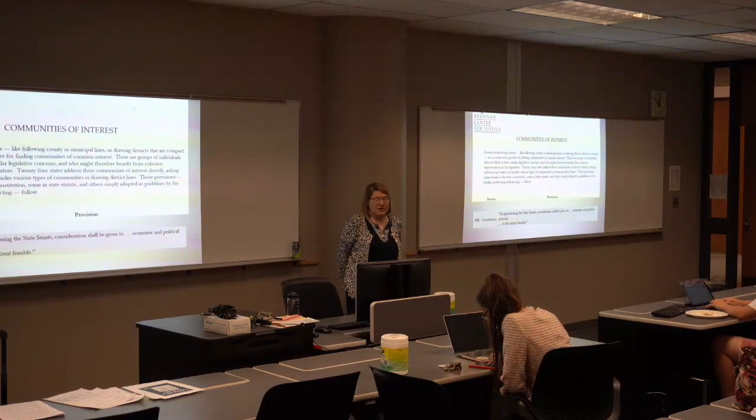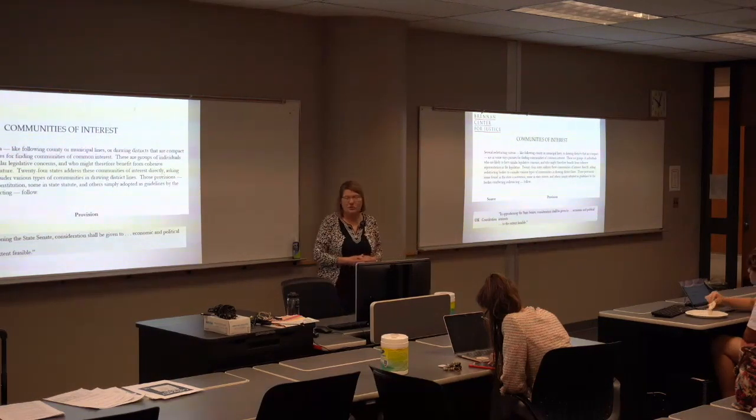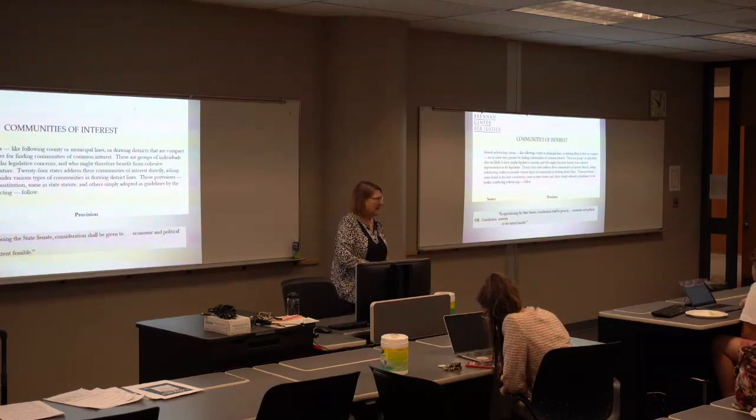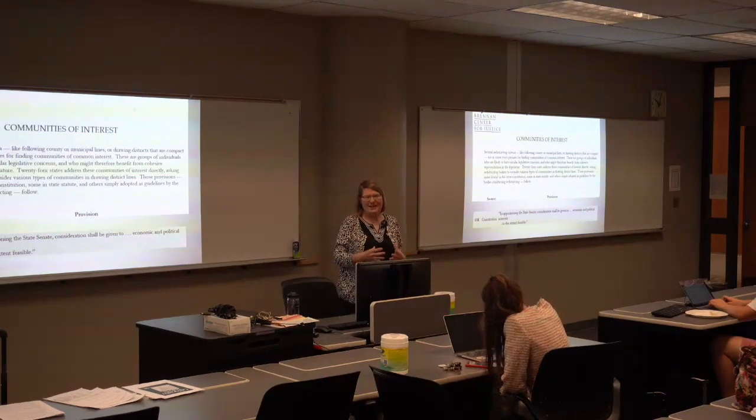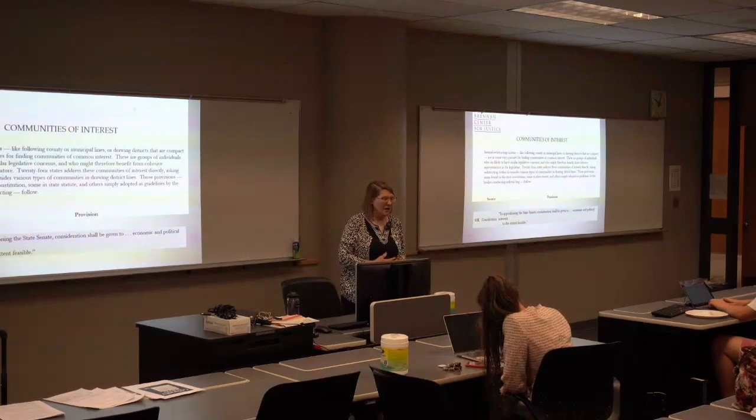So this is how one describes communities of interest. And there have been a great many academic assessments of how well communities of interest fit into the redistricting process. Sometimes in a state, they aren't mentioned at all. They're saying we don't really care.